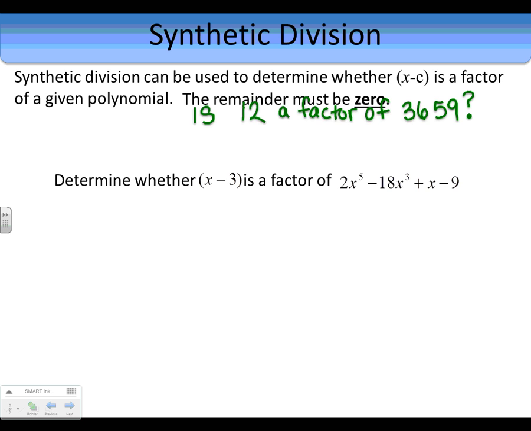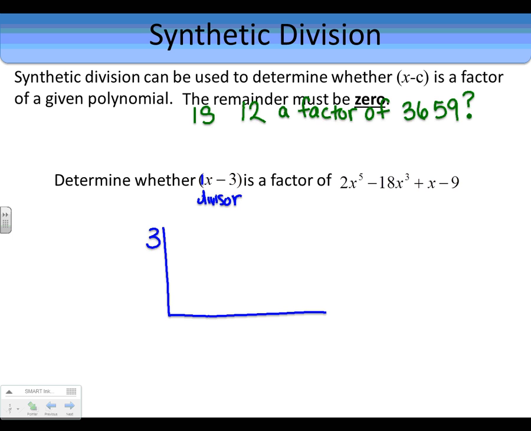Since my divisor, the number I'm going to be dividing by, has a leading coefficient of 1 and is a linear polynomial, I can use synthetic division to figure this out. So I'm going to set this up. 3 comes from my divisor.